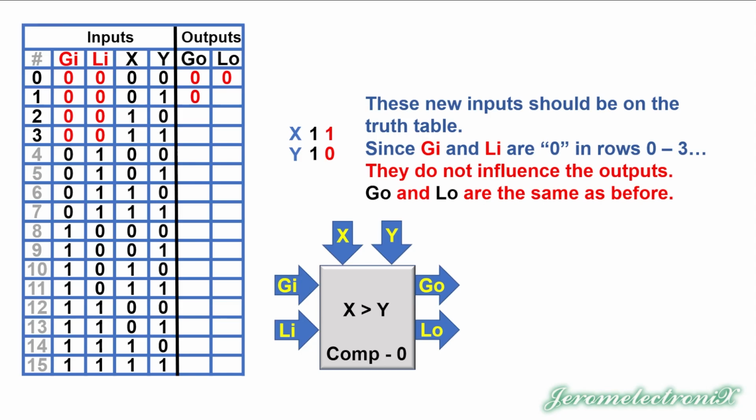In row 1, is x greater than y? And is x less than y is the next question. No, and so we would actually put a 1 in the output so that x is less than y in this instance. On the next row, x happens to be greater than y, so that is true for the output GO.